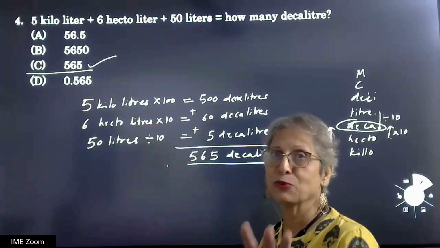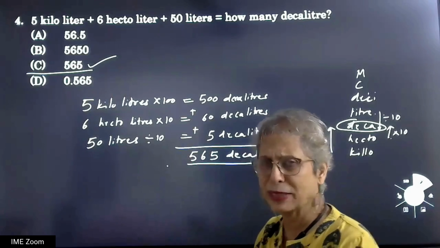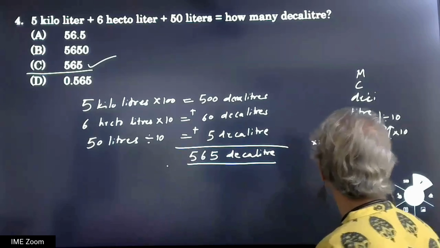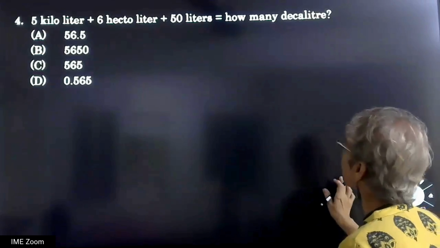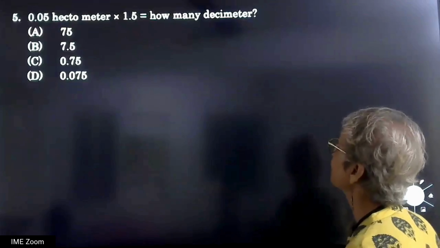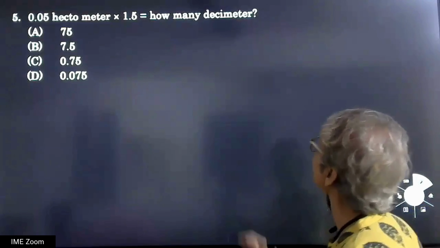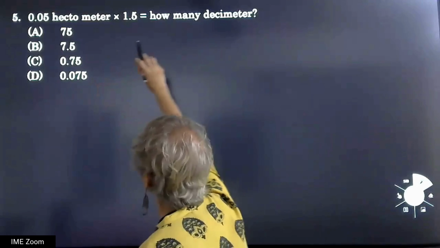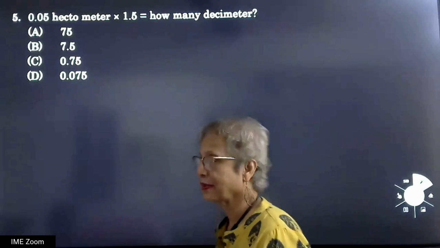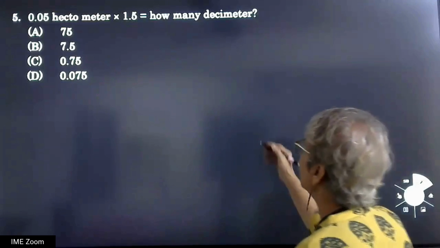In all the 4 sums, you must have seen what we have done. Every time we have done conversion and then multiplication or addition or whatever. Okay, so let us move to next question. Yes. Here again, look here. Hectometers are given. We have to convert into deci and multiplication. Right? So let us do.